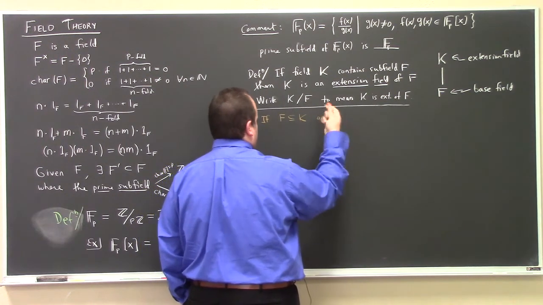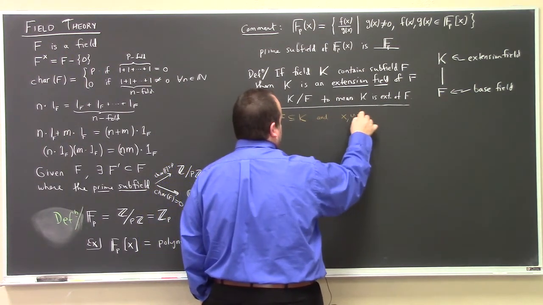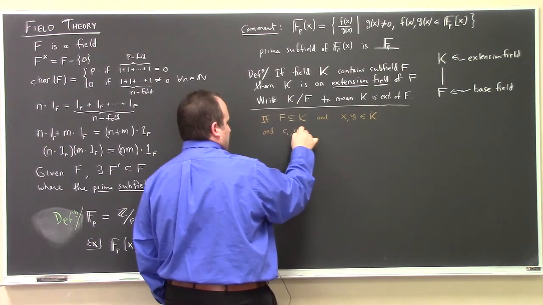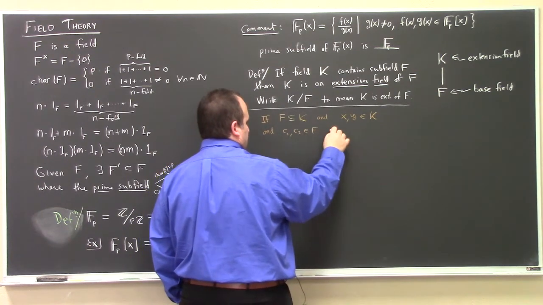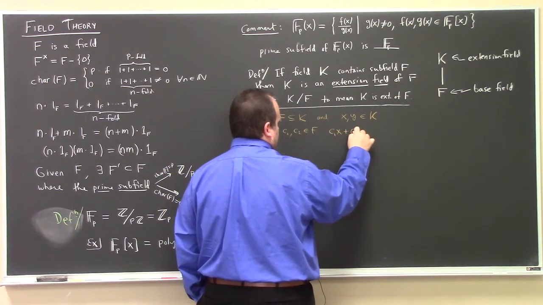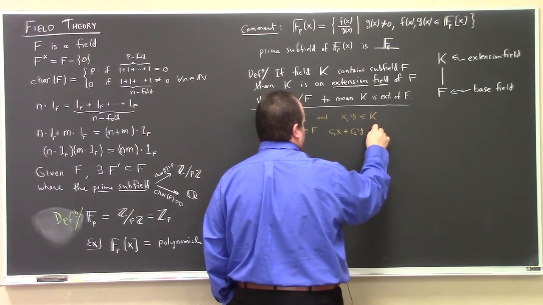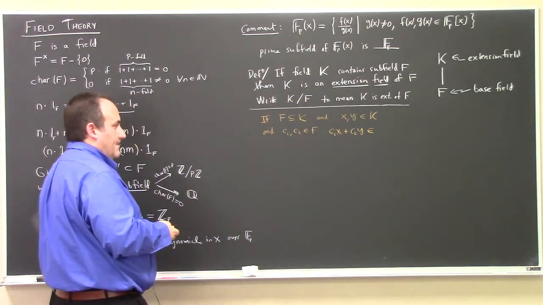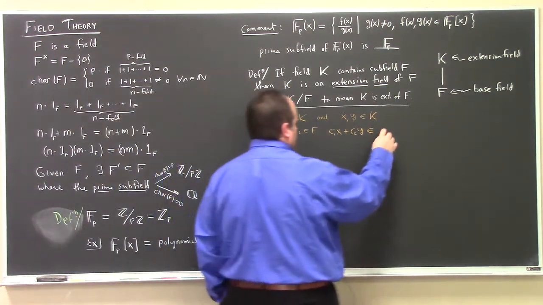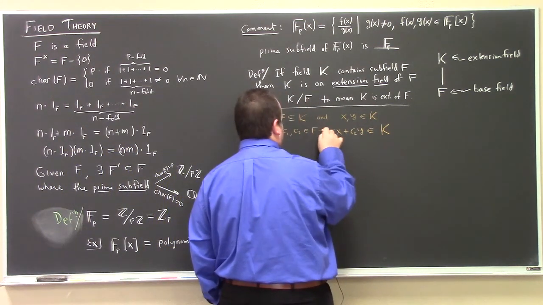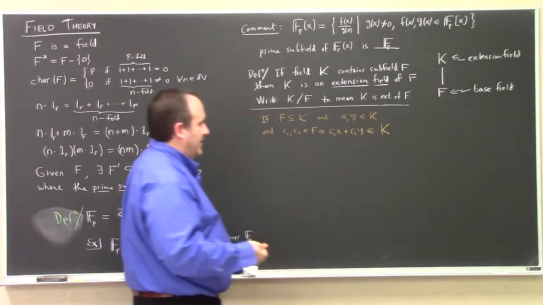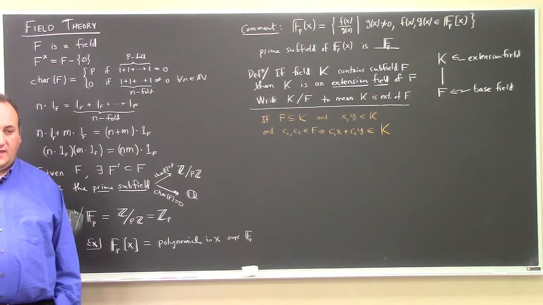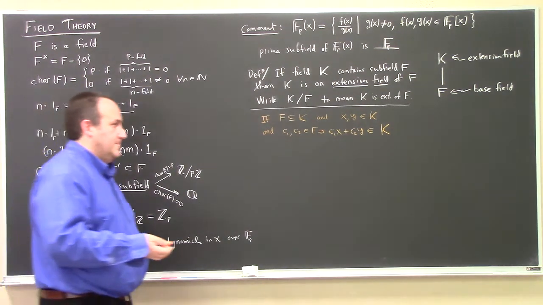And if you have, say, x and y in K, and c1 and c2 in F, what can you tell me about c1x plus c2y? That number has to be in K again, right? So, in other words, arbitrary linear combinations over F of elements of K are in K again.